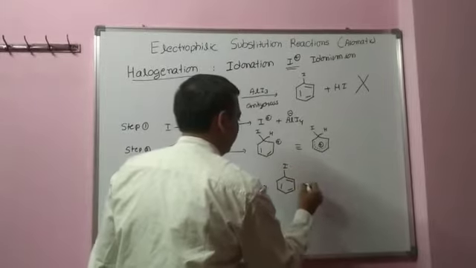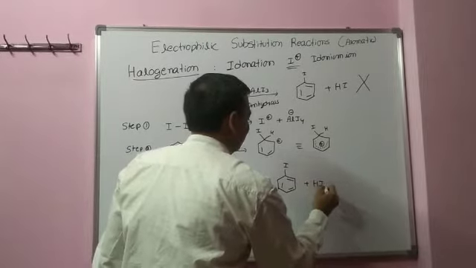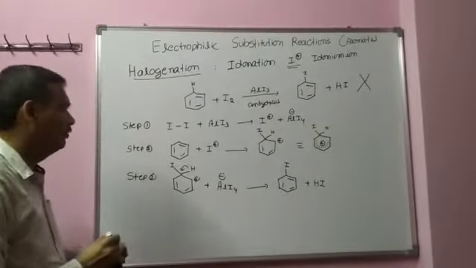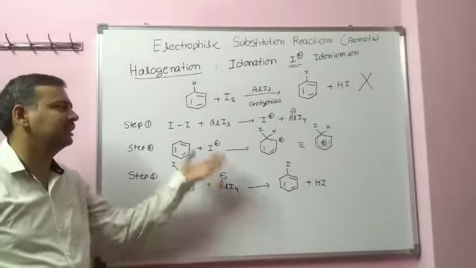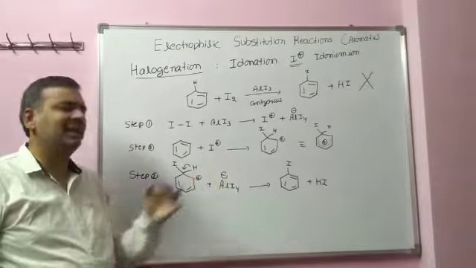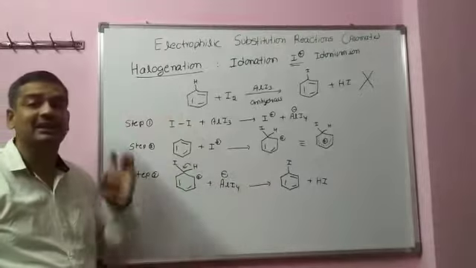Iodobenzene is formed, and the side product is HI. According to the mechanism we followed all 3 steps and end up with iodobenzene and HI, but the reaction does not exist.